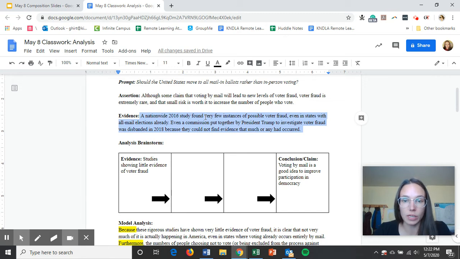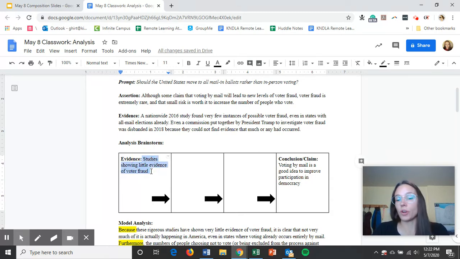A nationwide study in 2016 found very few instances of possible voter fraud, even in states like Colorado that already do mail-in ballots. And even a commission put together by President Trump to investigate voter fraud and corruption was disbanded in 2018 because they couldn't find anything, right? So my evidence is these two studies showing very little evidence, if any, of voter fraud.